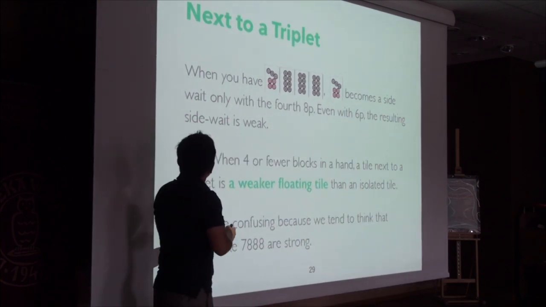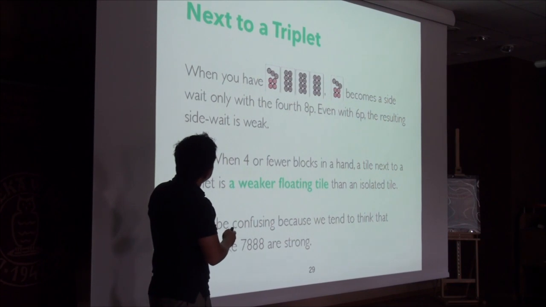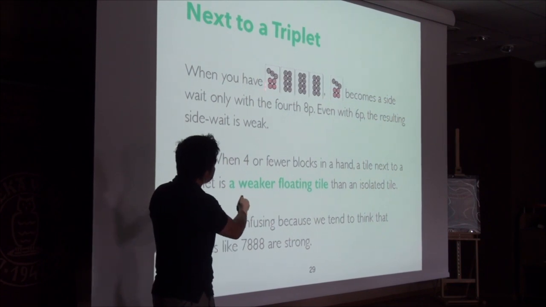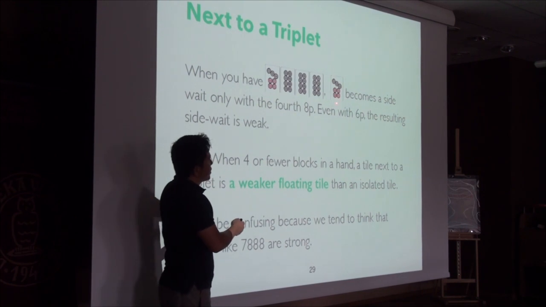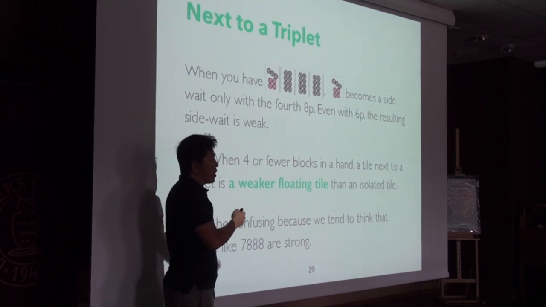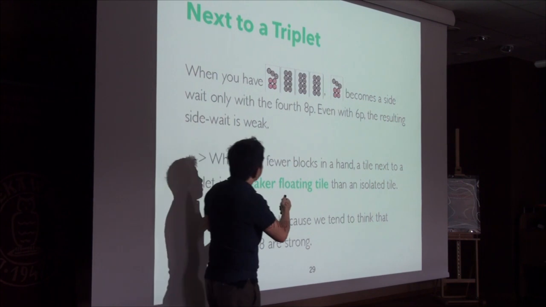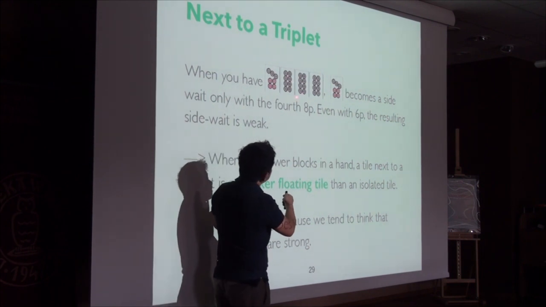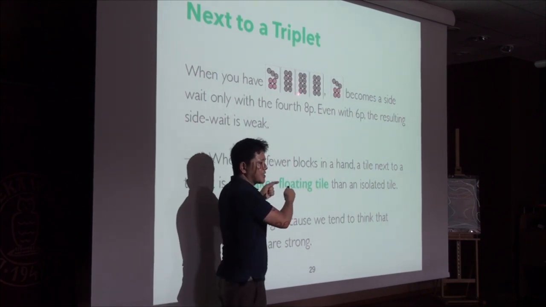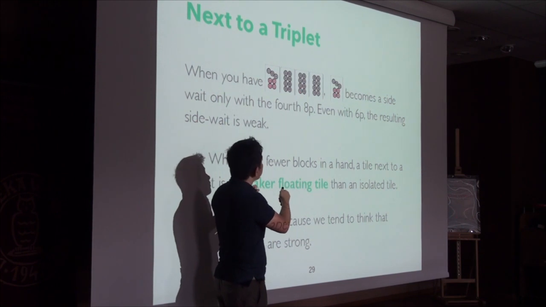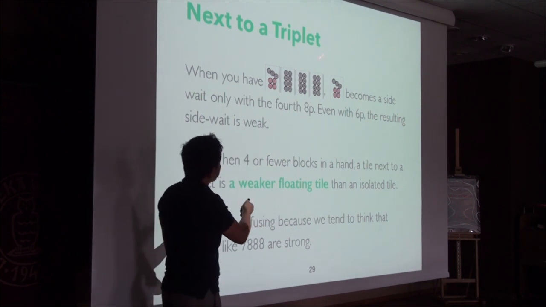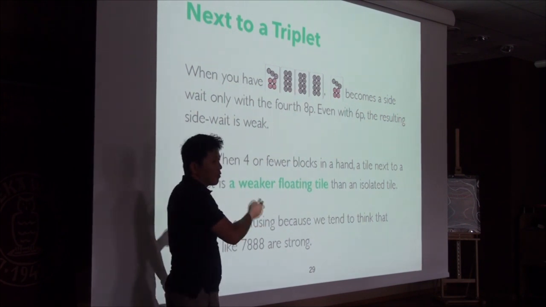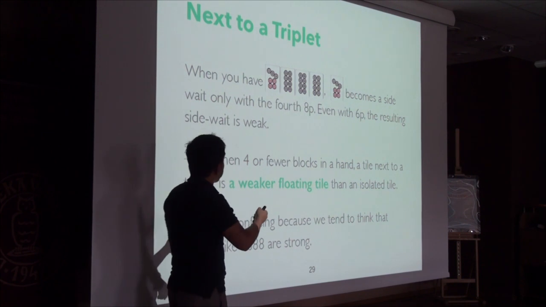The reason is that this 7 can become a proper sideways protoblock only when you draw the last 8, the fourth 8, which is not very likely.